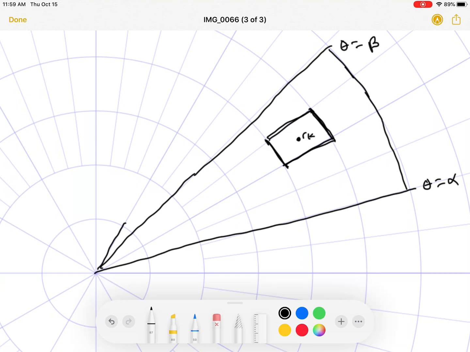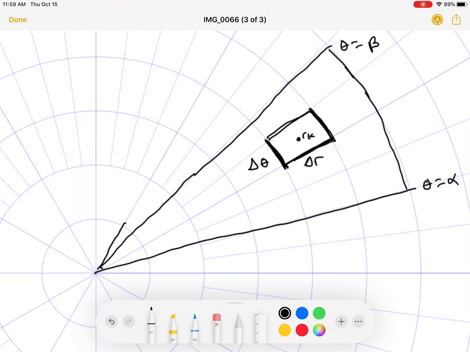This distance here is delta theta, that's the opening, and this distance here is delta r. It would be nice if you could just say it's delta theta times delta r, but this isn't a rectangle. It's curved here and here, because it's on a circle.